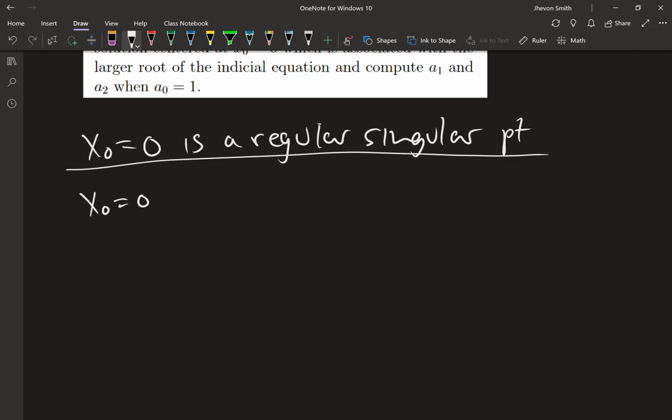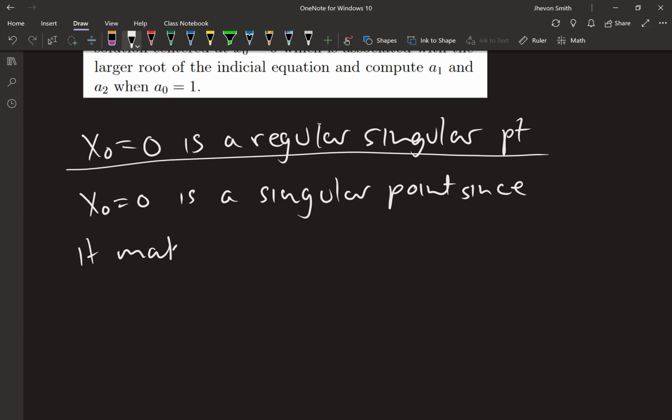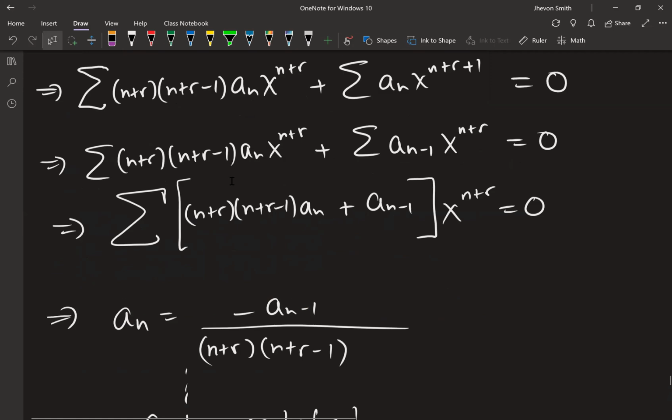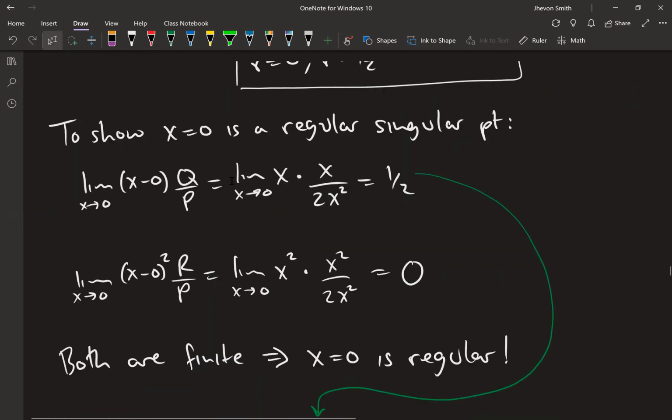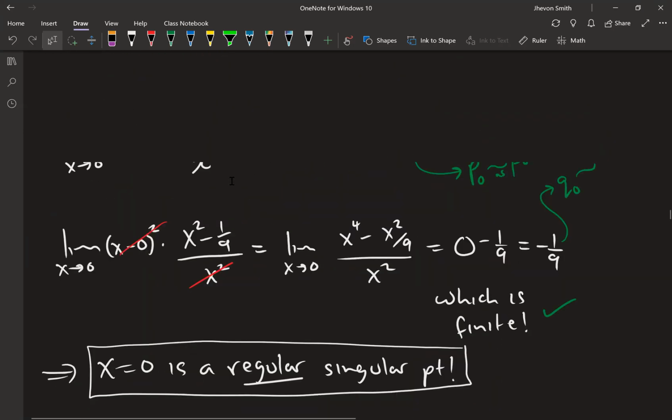x naught equals 0 is a singular point since it makes P of x equal 0. Remember, P of x was what we called the coefficient of the y double prime.